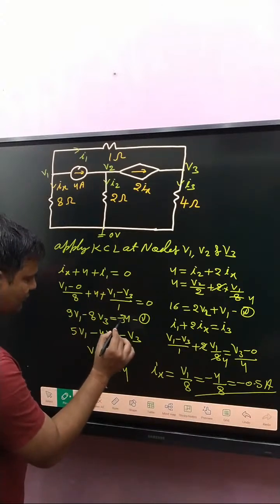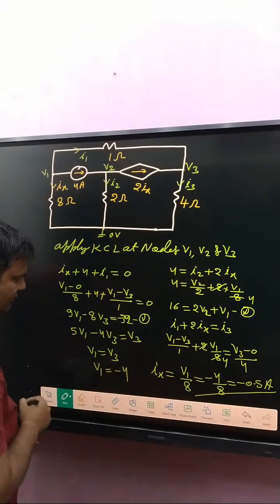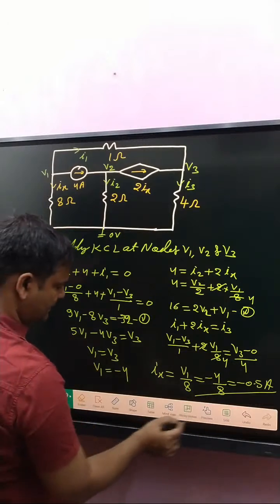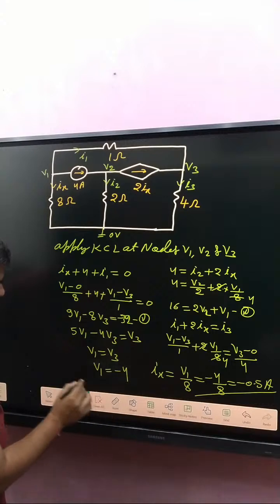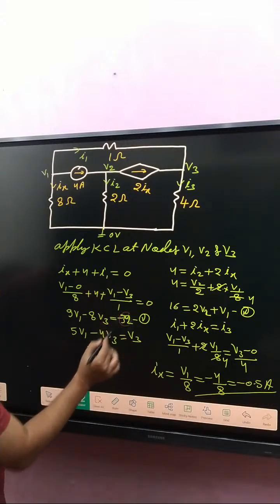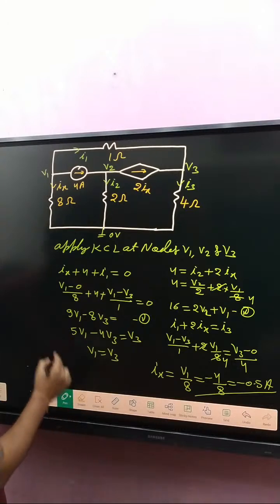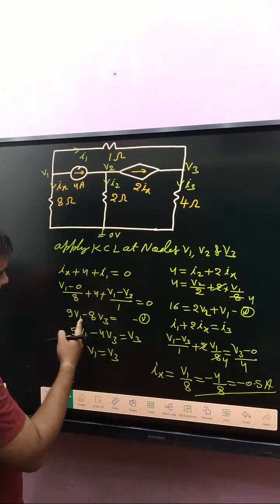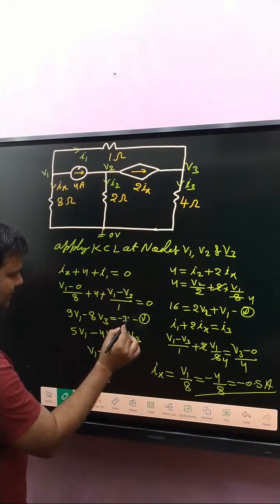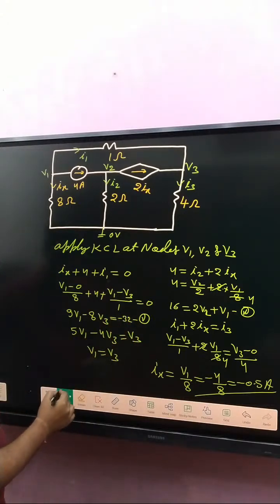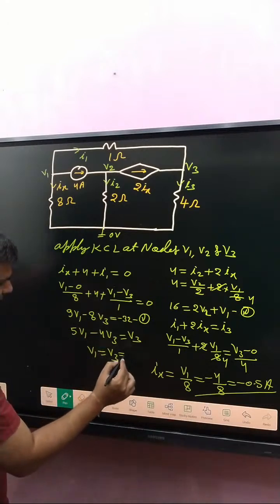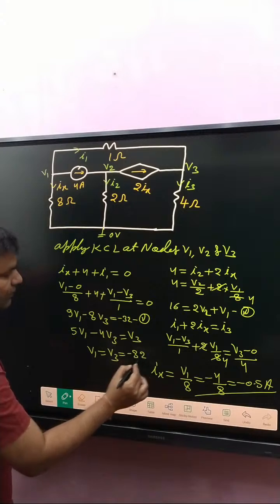That is 32. This one is 32. So recheck again. Minus 32, and if that value is put here, then we get minus 32.